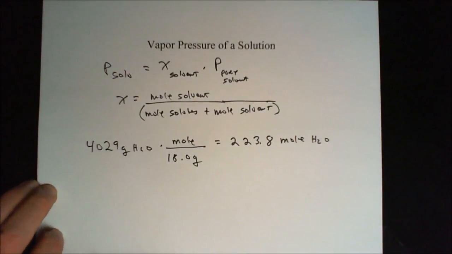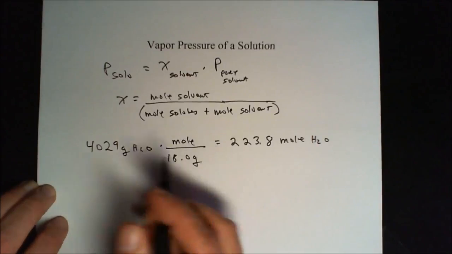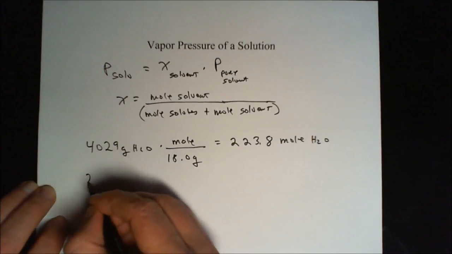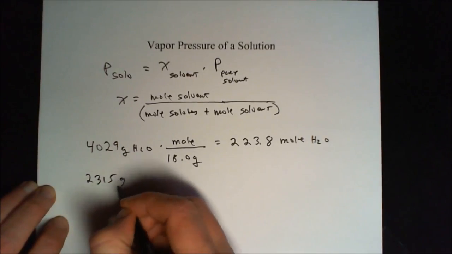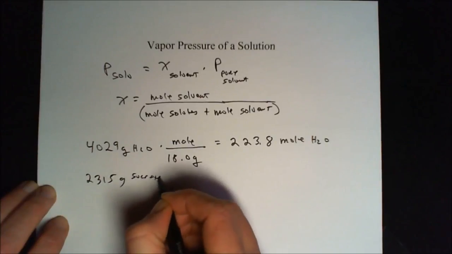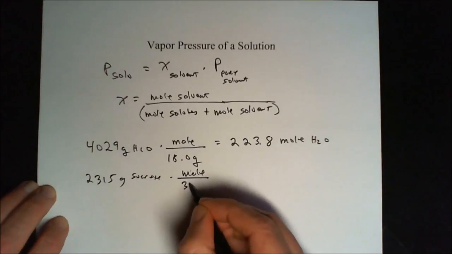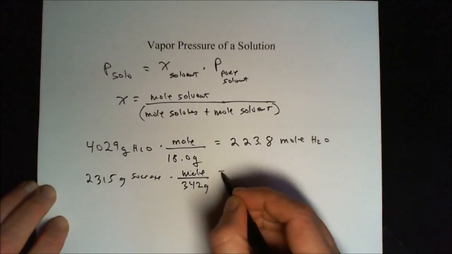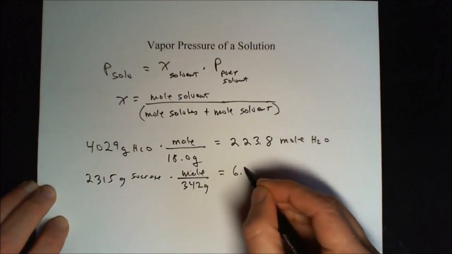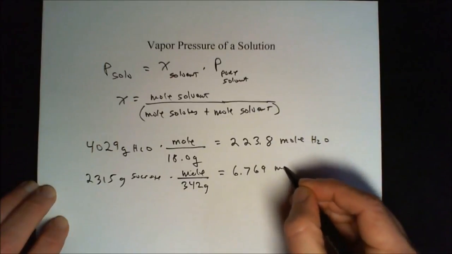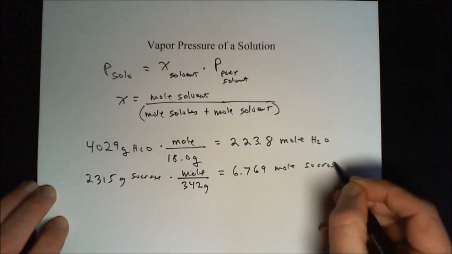Now our moles of sucrose we've already calculated, but we'll go ahead and do it anyway, and it's 2315 grams sucrose, and a mole of sucrose is 342 grams, and that gives me 6.769 moles of sucrose.